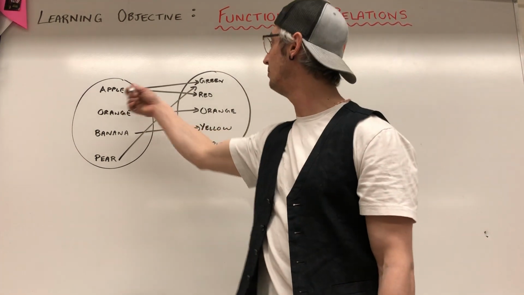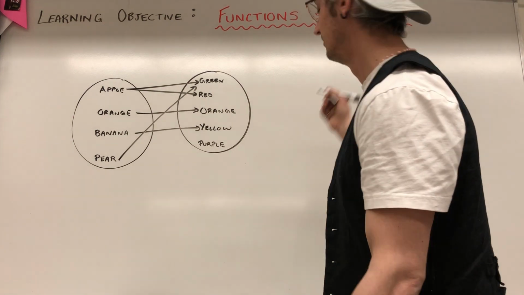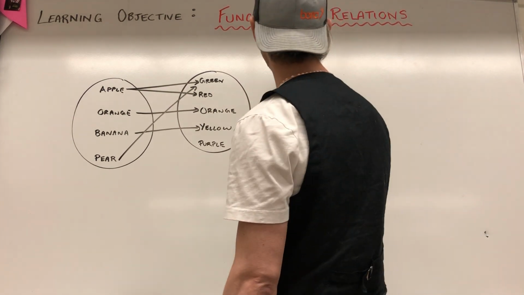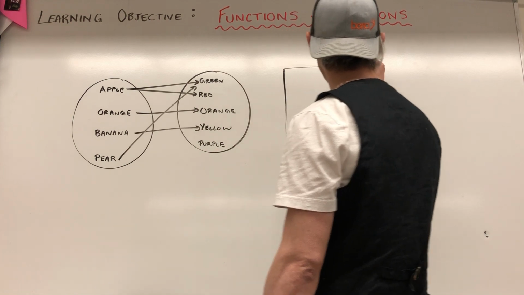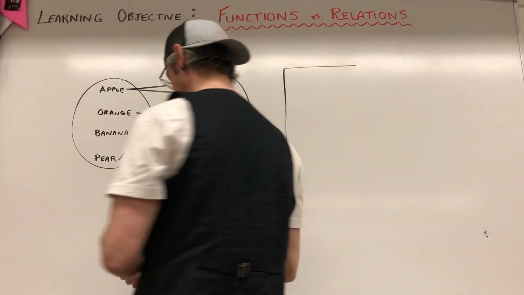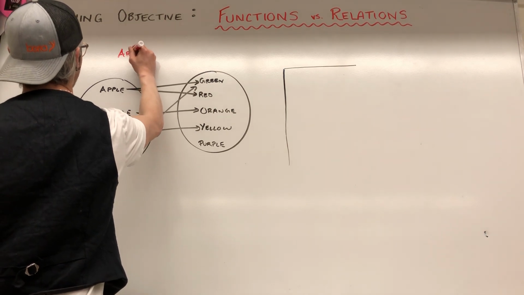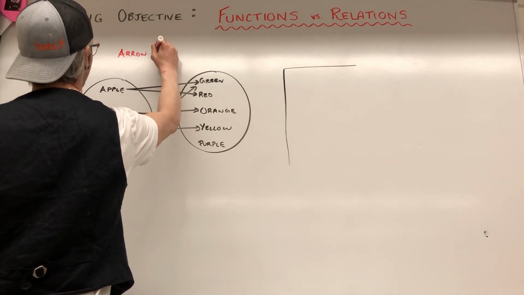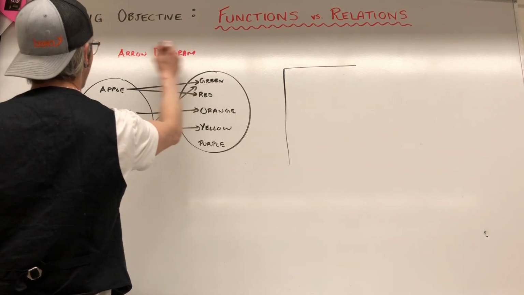You can see apple is green or red, banana is yellow. That's an arrow diagram. I could represent this data in another way. Let's put it up here: arrow diagram.